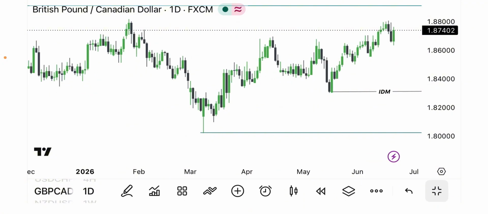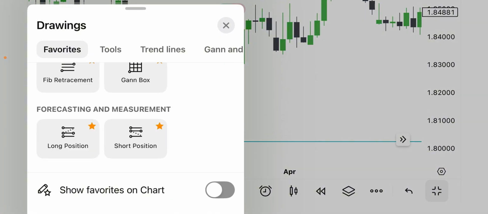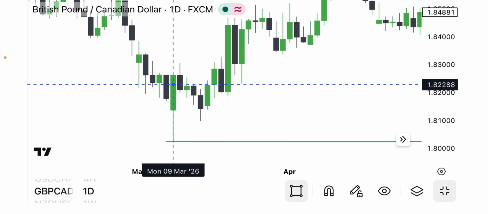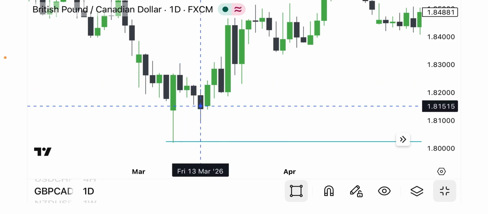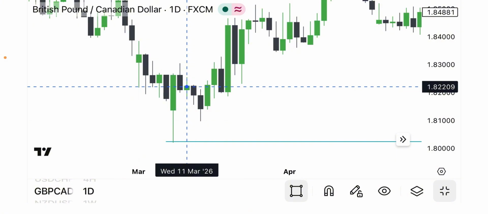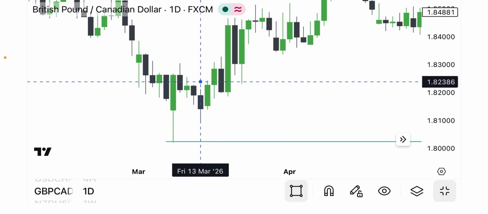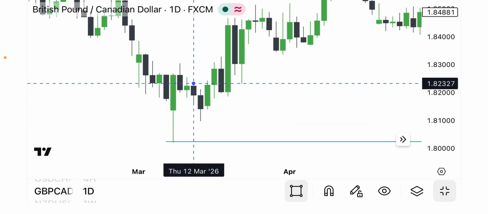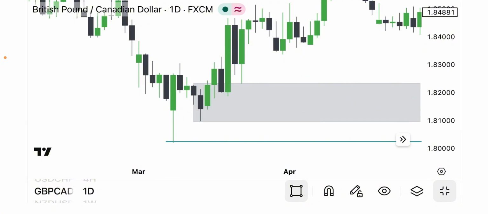Let me make it bigger so you understand better. After this bullish candle here, these are the two bearish candles that collected the remaining liquidity and then pushed the market to the upside. So we are going to mark these two candles as our demand zone.